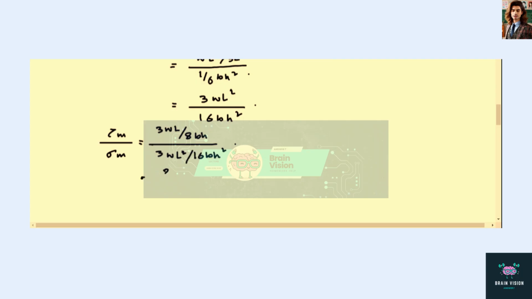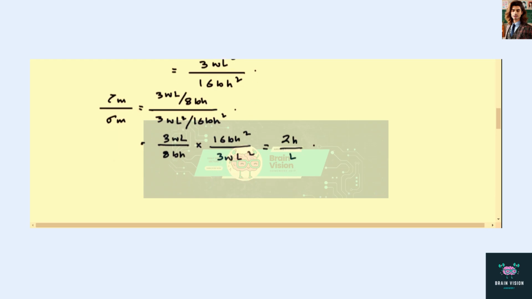So this is 3WL upon 8BH into 16 BH square upon 3WL square, that is equal to twice H upon L. Therefore, the ratio of the maximum values of shearing and normal stresses in the beam is equal to twice H upon L, is proved.